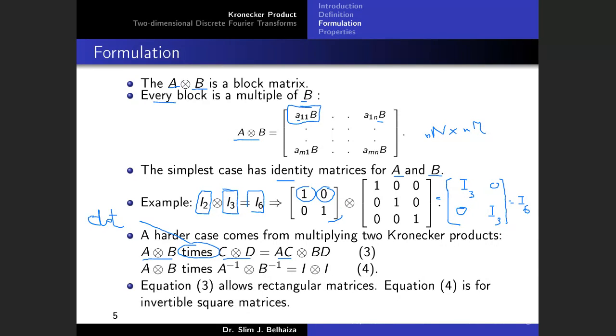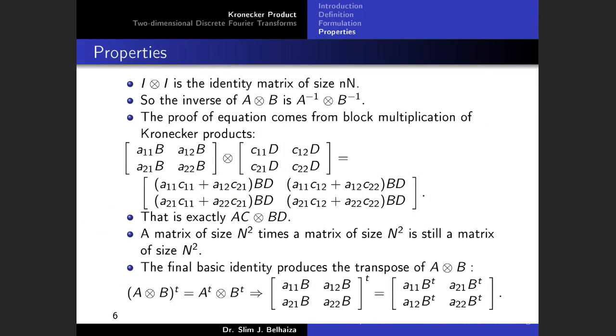Moreover, if you multiply the product A⊗B by the product A inverse ⊗ B inverse, you get I⊗I, the Kronecker product of I by I. In fact, equation 3 allows rectangular matrices, and equation 4 is for invertible square matrices, of course, when A and B are invertible square matrices.